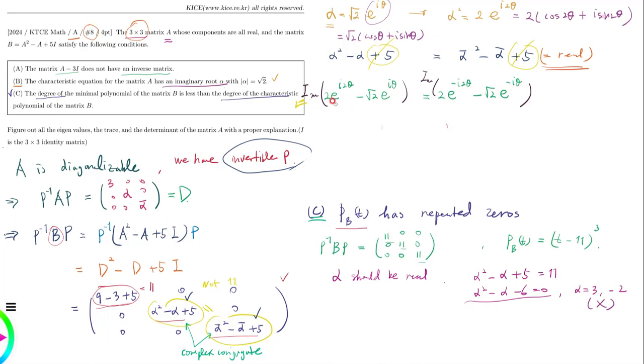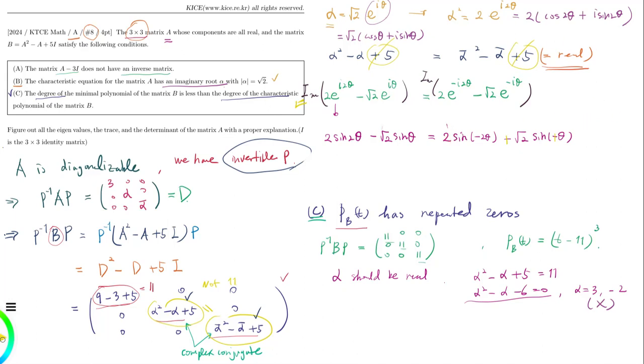So let me derive only its imaginary part, which is 2 times sine of 2 theta minus square root of 2 sine of theta should be the same as 2 times sine of minus 2 theta minus square root of 2 sine of minus theta, and 2 minus signs give us plus here.